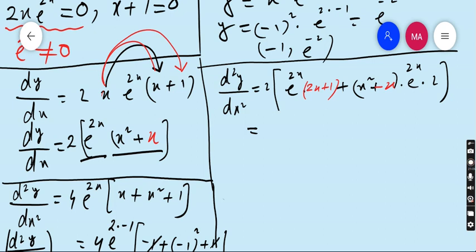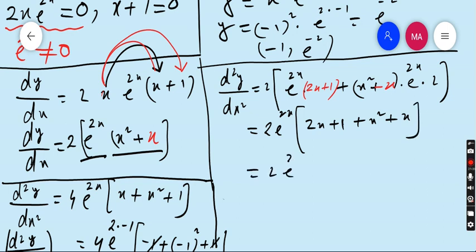Take 2e^(2x) outside, so the remaining is (2x + 1) plus (x² + x). So 2e^(2x) into (2x plus x is 3x) plus x² plus 1.